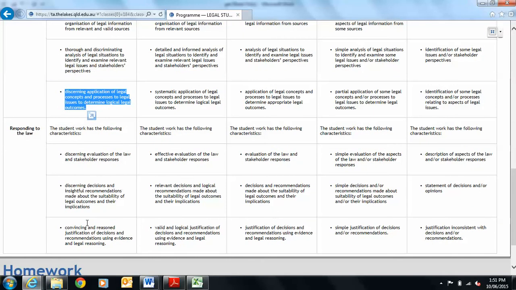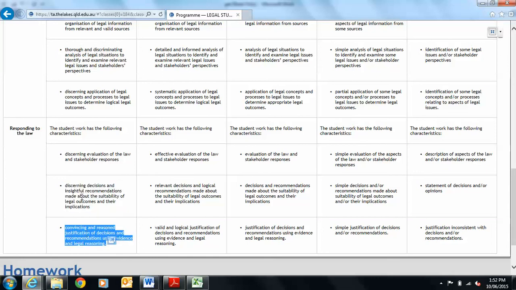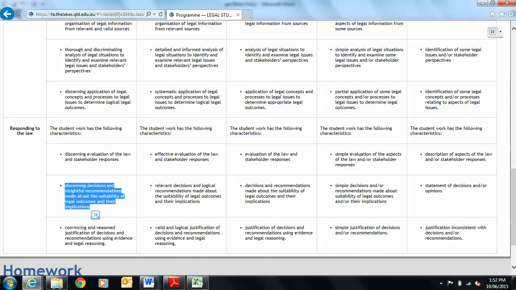Right, what should be the outcomes? Now, responding to the law is all about evaluating it and saying, what are the recommendations about legal outcomes and their implications? So when you make a recommendation, don't just make a recommendation. Justify it, so give some reasons why, and then talk about what might happen out of this.